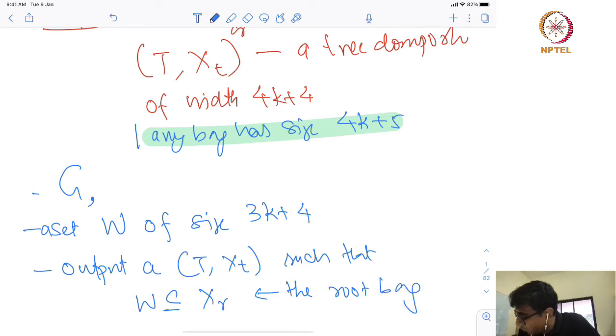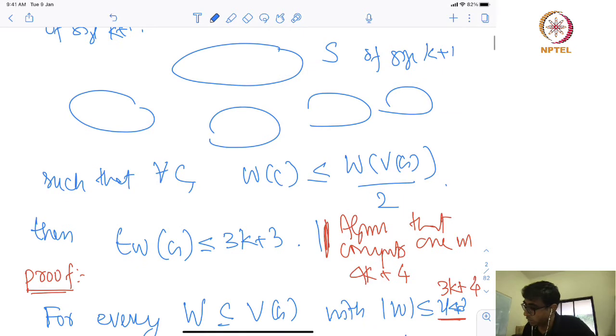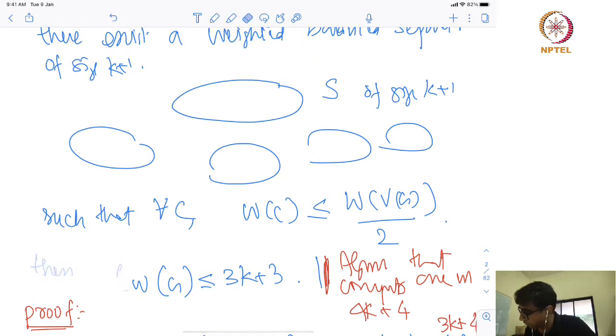Okay. So, this is how we designed our algorithm.